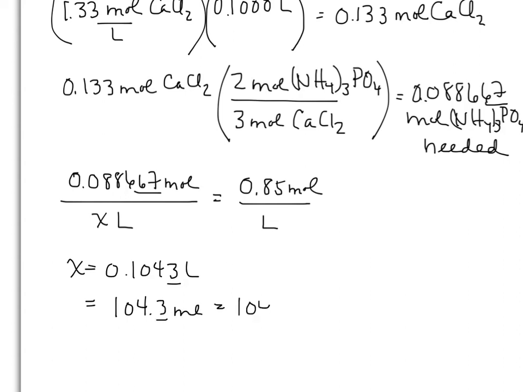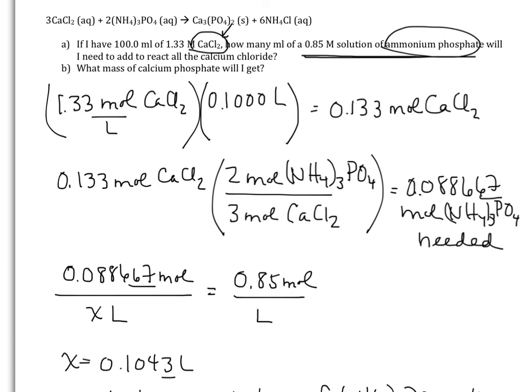Rounded to the right number of sig figs, it would be 104 milliliters of (NH4)3PO4 solution. So what we've just done is figured out what volume, how many milliliters of this solution we would need so that the reactants are present in a 3:2 ratio.